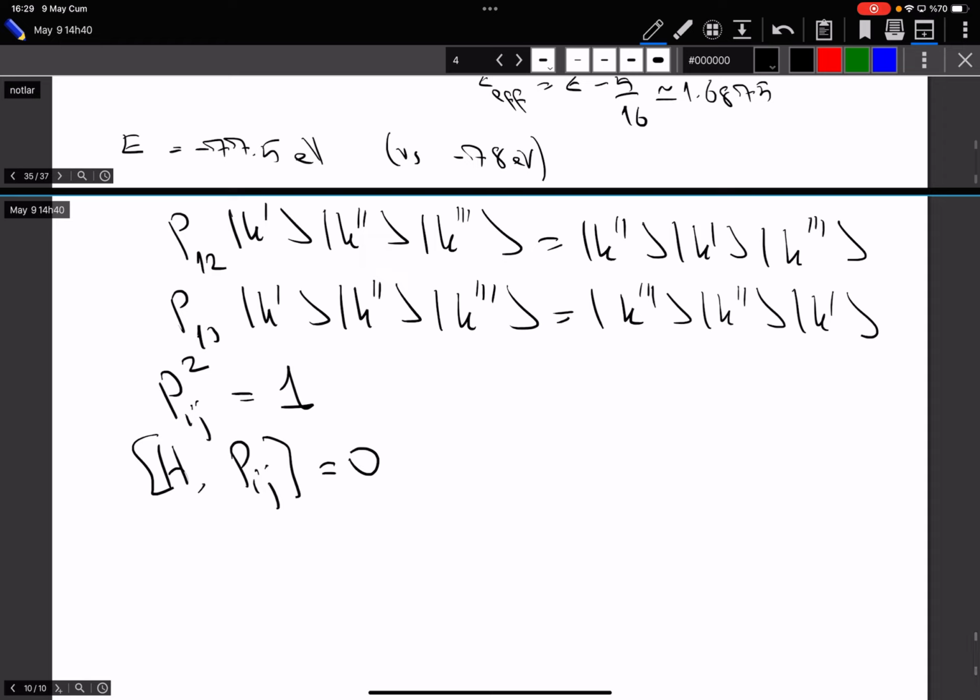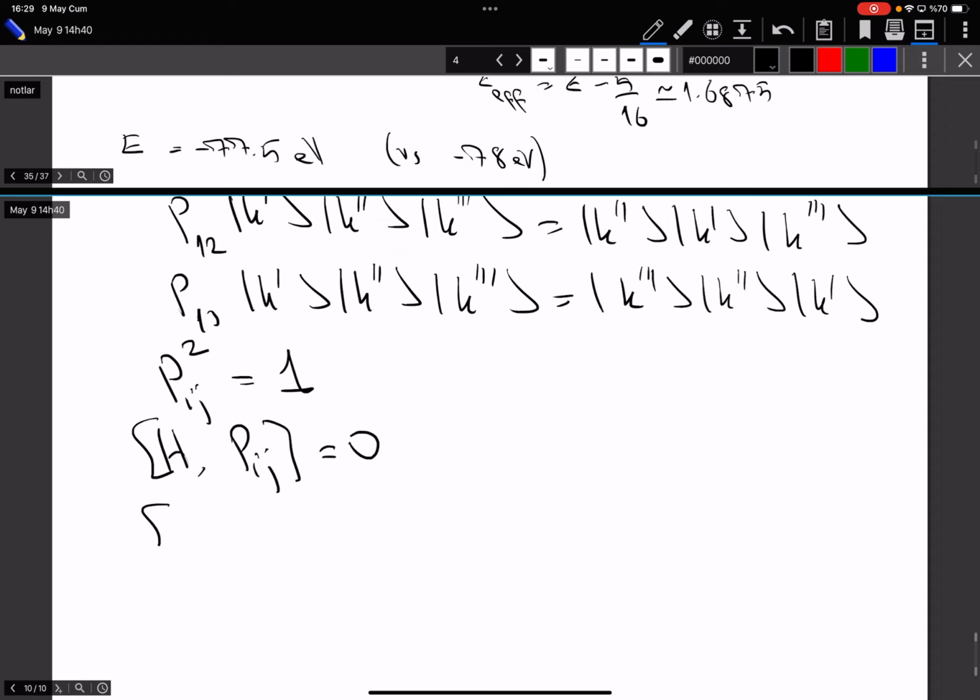If they are not identical particles, then it doesn't commute with the Hamiltonian. But Pij and Pkl do not commute in general. Of course, if ij and kl are completely different pairs of numbers, they don't affect each other, so they commute.